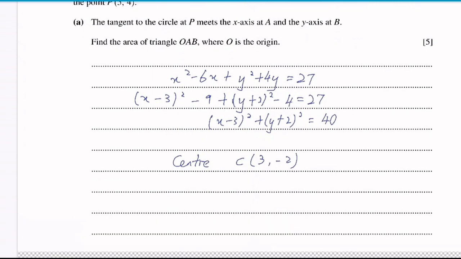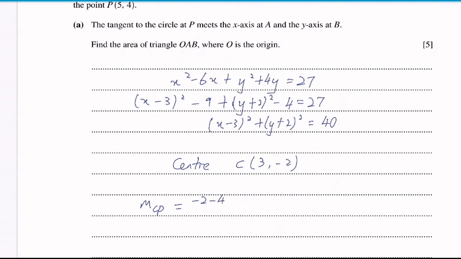First we need to find the gradient of CP. The gradient of CP here is -2 minus 4 over 3 minus 5. That is -6 over -2, which is 3. So the m of the tangent is -1 over 3.